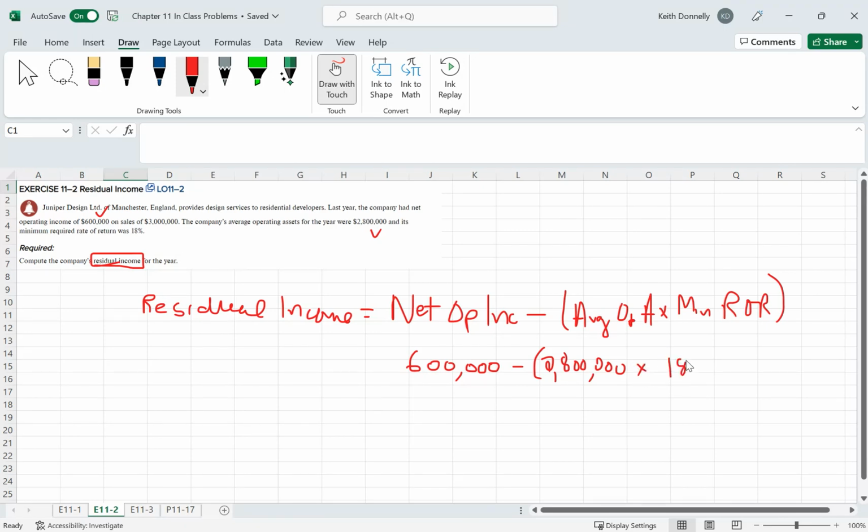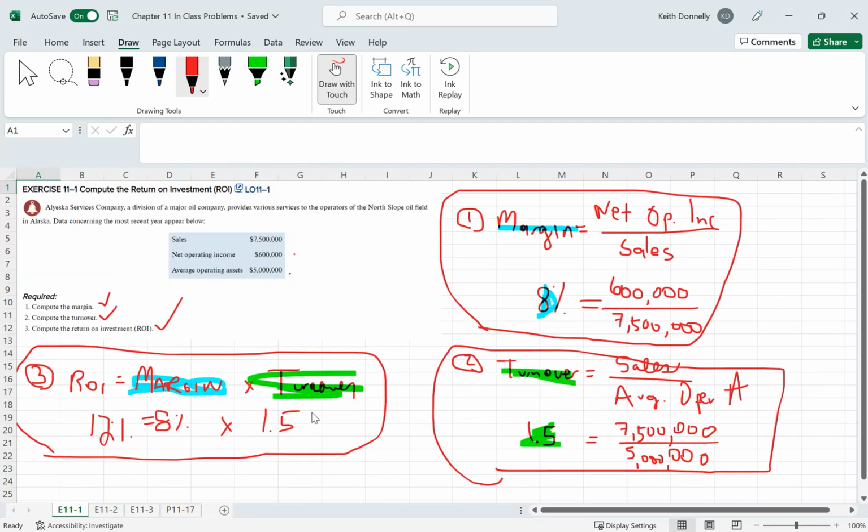So if we do those parentheses first, that's going to give us 504,000 right here. So if you do 600,000 minus 504,000, your residual income is going to be $96,000. So the idea here is your residual income is in dollars, whereas over here your ROI is in a percentage.